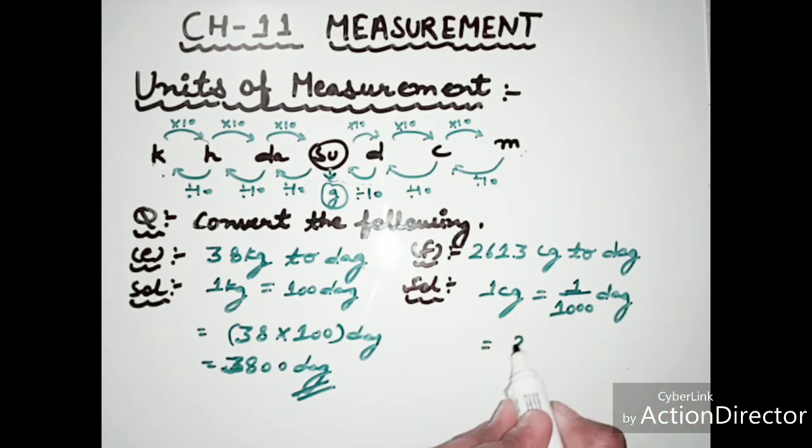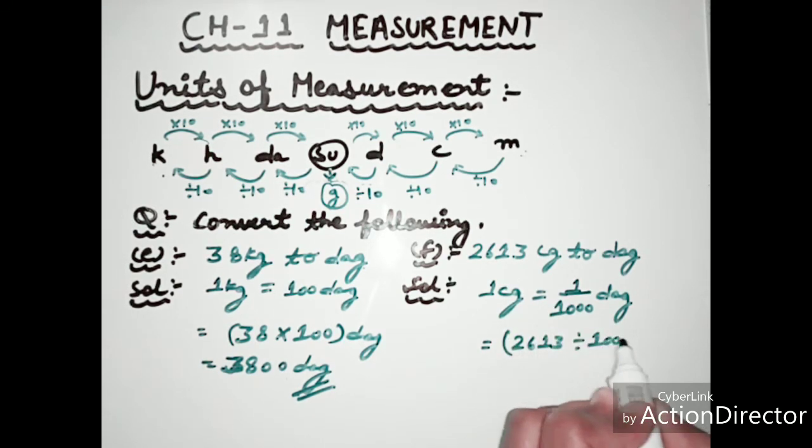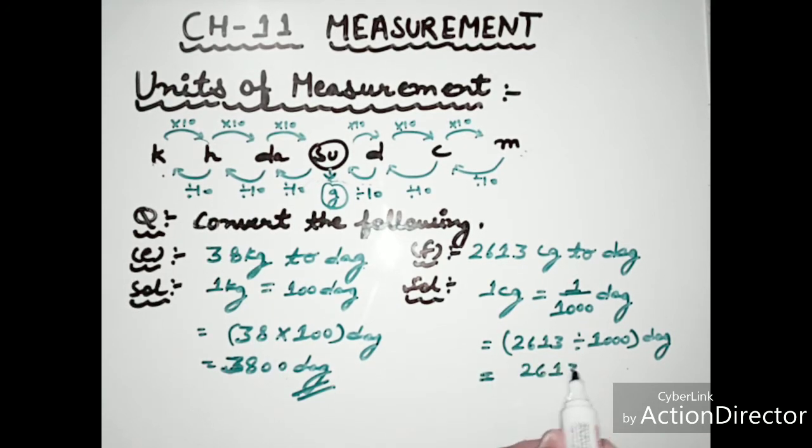So we divide 2613 by 1000, and in decimal chapter we learn 2613 divided by 1000.